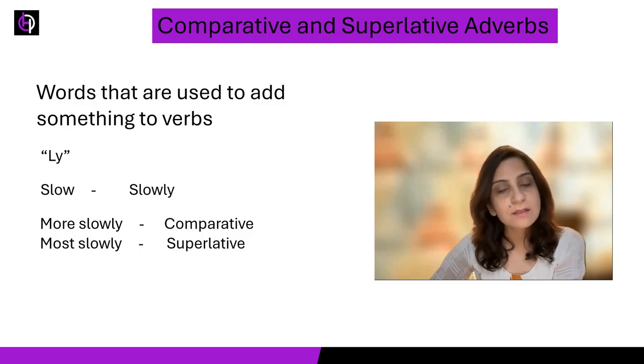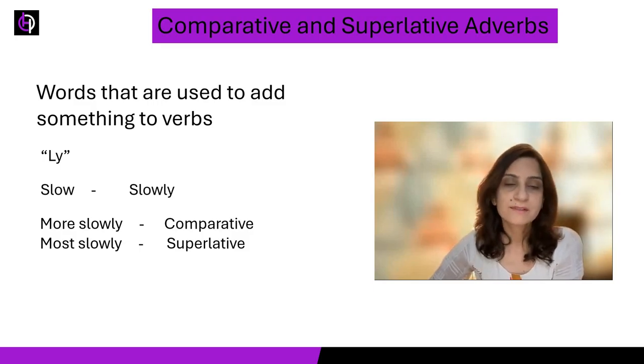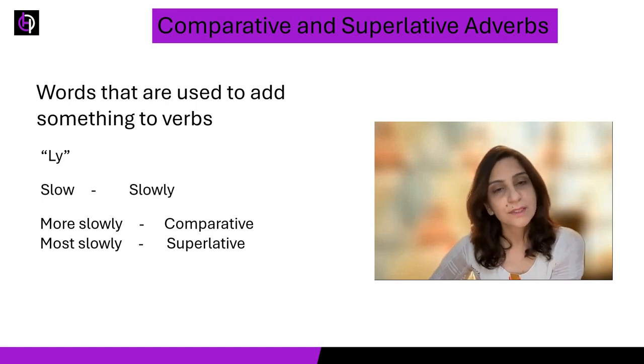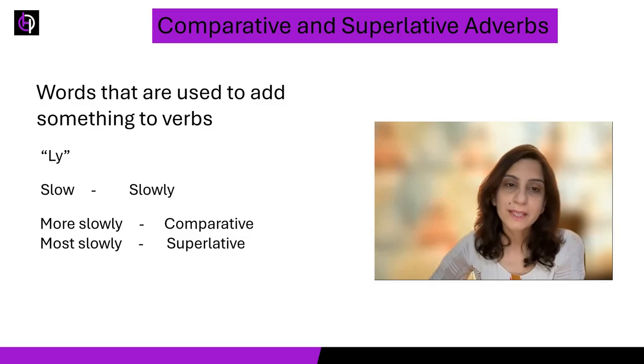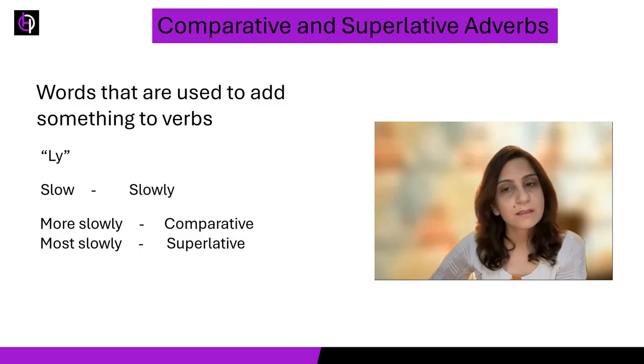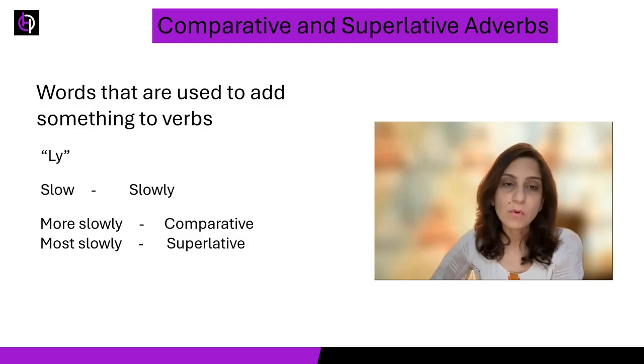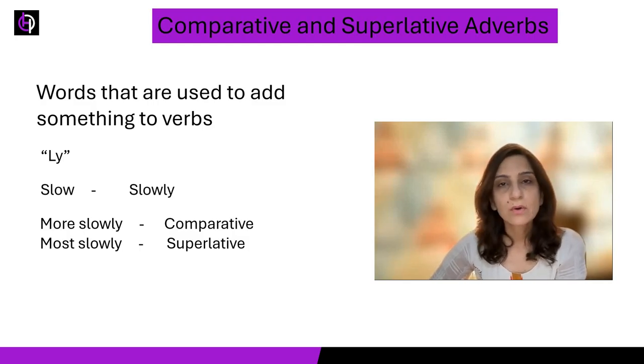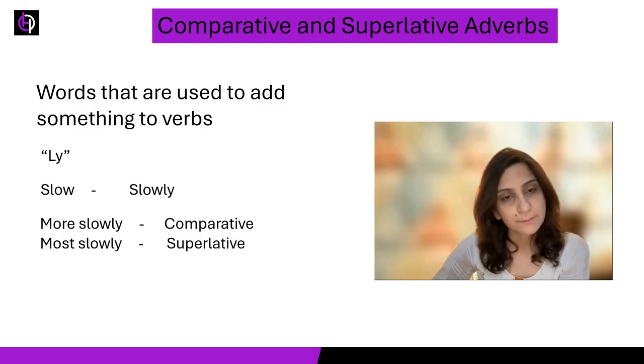So by adding more with our adverb, we form its comparative form, and by adding most with our adverb, we form its superlative form. So if we have an adverb like quietly, we can make it more quietly or most quietly.